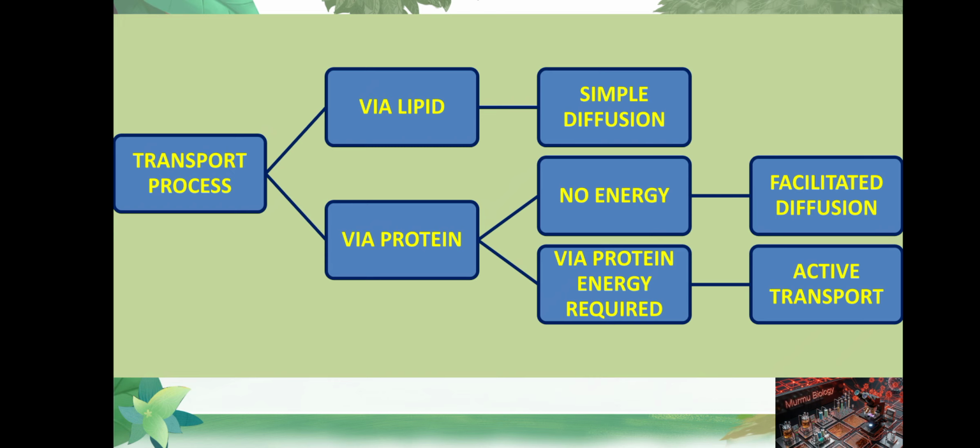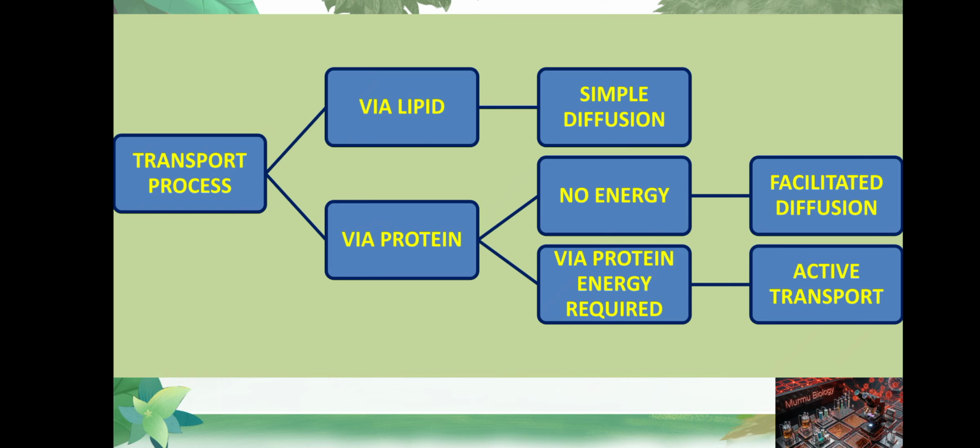Likewise, there are transport processes which can take place via the lipid or via protein present in the cellular membrane. If it takes place via lipid, the process is known as simple diffusion. And when it takes place via protein, there are two categories. There may be involvement of energy, or there could be a simple channel, an ion channel, or a gated channel.